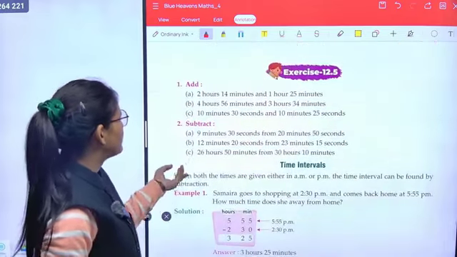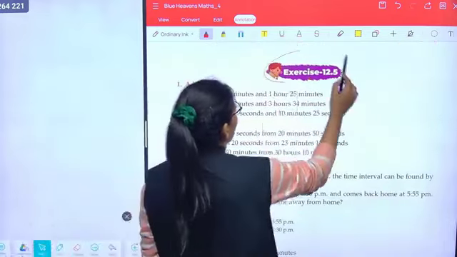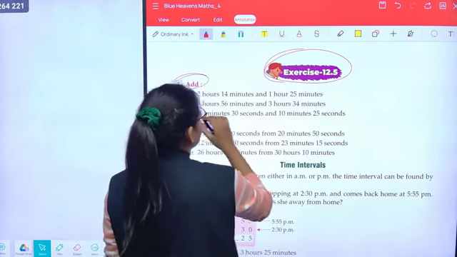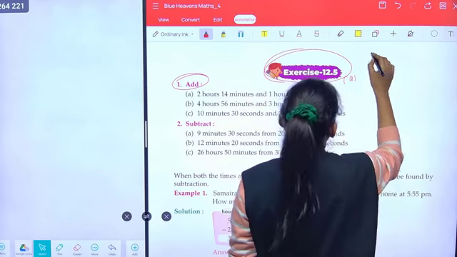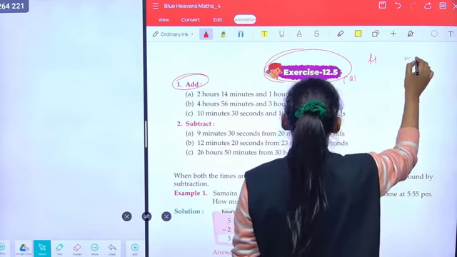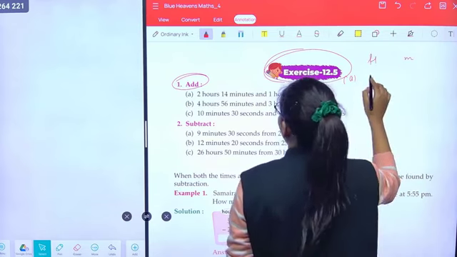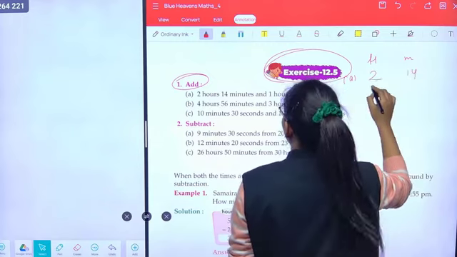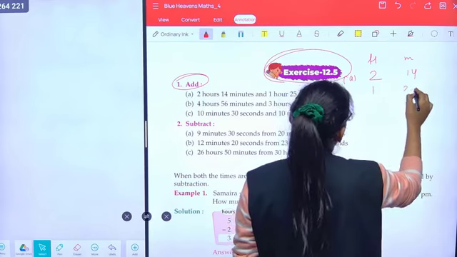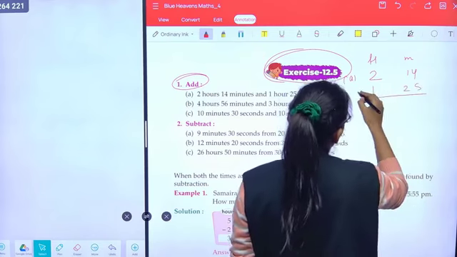Now students, come on the exercise 12.5. Now A part: hour column and minute column. 2 hours 14 minutes and 1 hour 25 minutes.